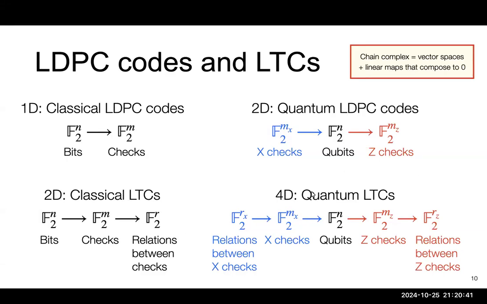For our quantum locally testable code construction, you can think of it as a combination of these tricks. Now we not only have qubits and checks, but also relations between checks, and together they form four linear maps. That's what our construction is based on.